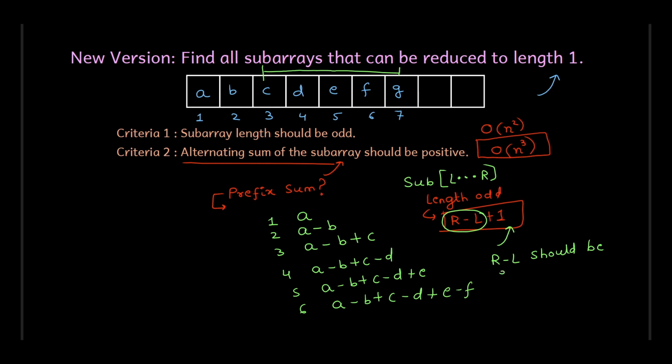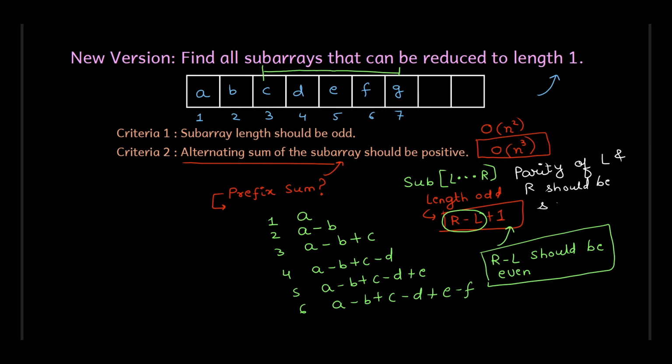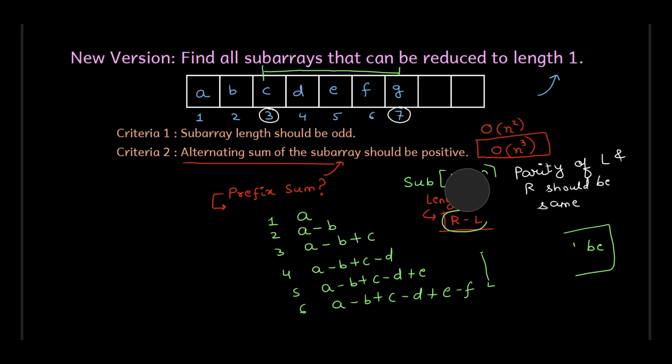These are again some observations that we are making, and again, this might be trivial to some of you. So R minus L is even. Then what does it tell us about the parity of R and L? You can say that the parity of L and R should be the same. Only then could R minus L be even. So if you are starting your subarray at an odd index, you have to end it at an odd index for it to be a viable candidate.